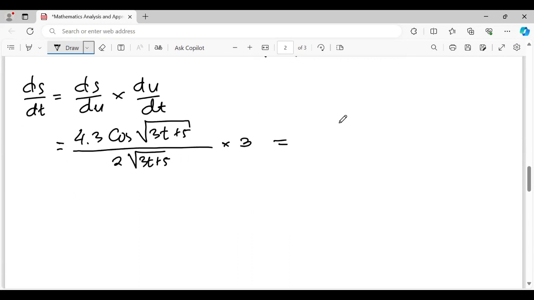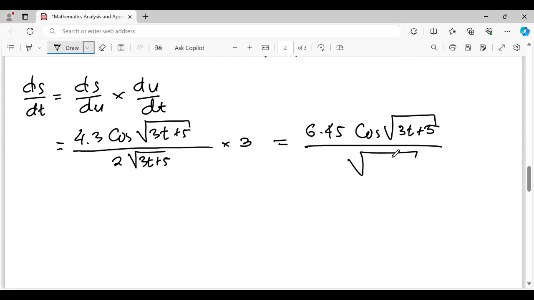So it becomes 6.45 cosine square root of 3t plus 5 over square root of 3t plus 5.